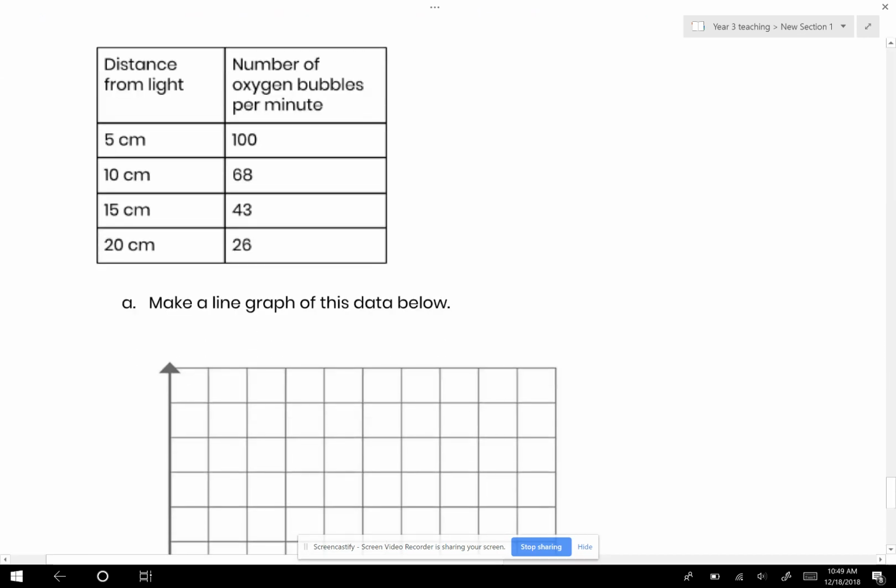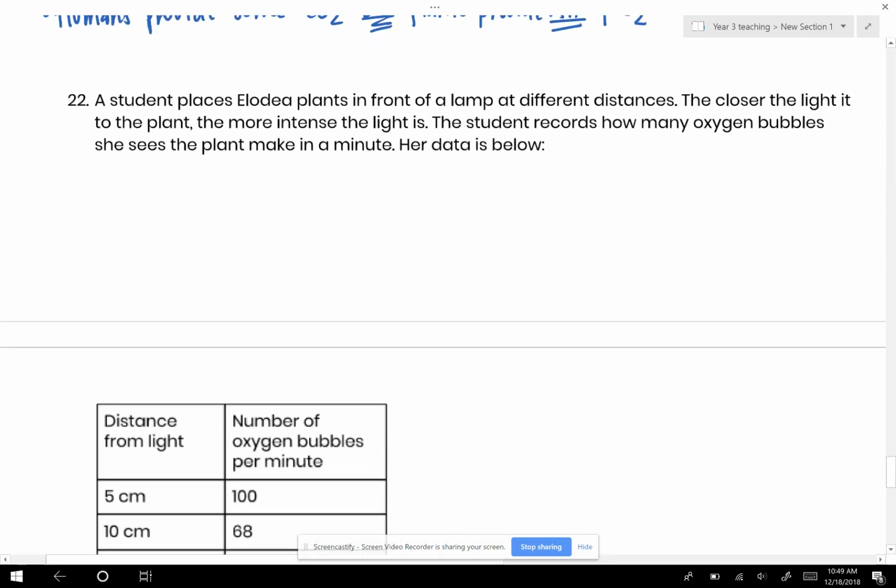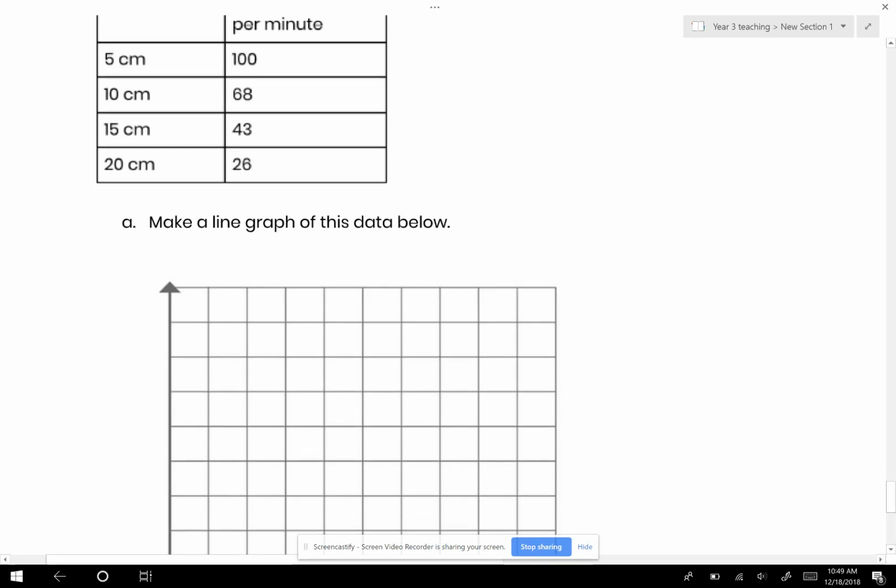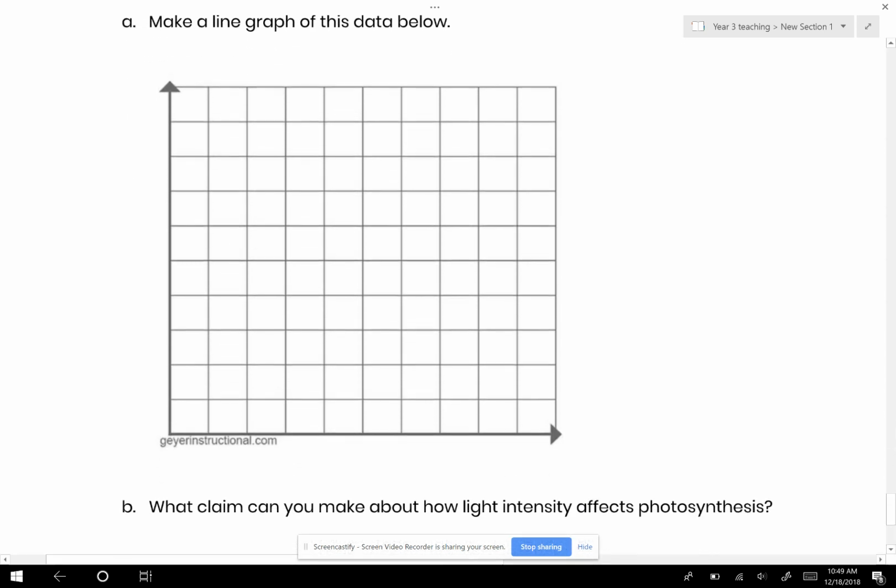So we are going to get this graph done. It says a student places a Elodea plant in front of a lamp at different distances. The closer the light is to the plant, the more intense the light is. The student records how many oxygen bubbles she sees the plant make in a minute, and here is her data below. It says, make a graph of this data.